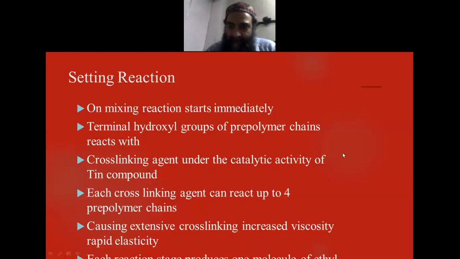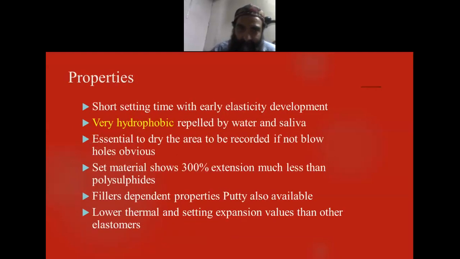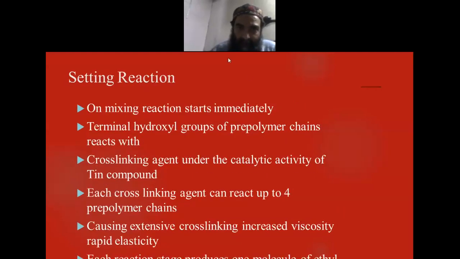If we consider polysulfides, each reaction stage produces one molecule of water. Now, in this, each reaction stage produces one molecule of ethyl alcohol.